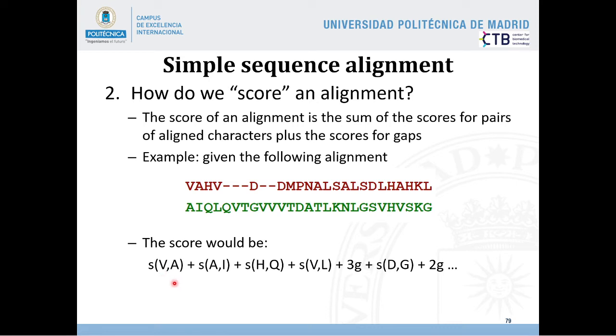In this case, because they are quite similar, okay? Then the one of A to E, from H to Q, and then etc. And for gaps. Here we have 3 gaps, we have to sum the 3 gaps, and then here we have 2 gaps, we have to sum the 2 gaps. The gaps will be penalizing the more, okay?